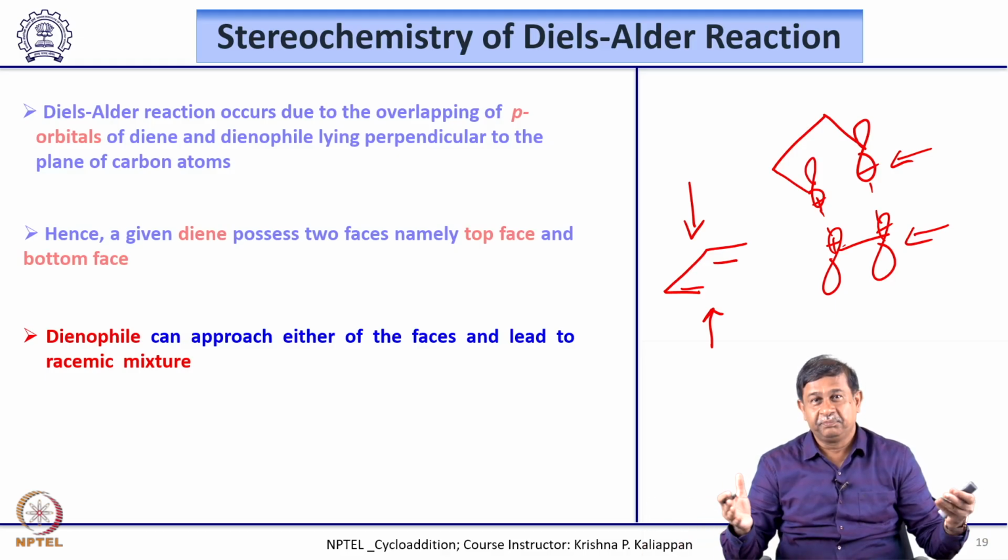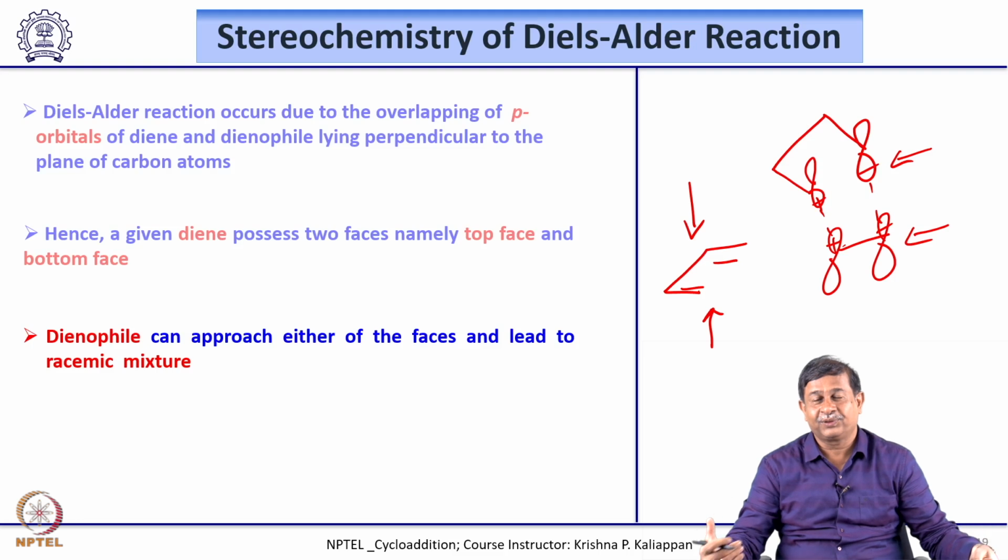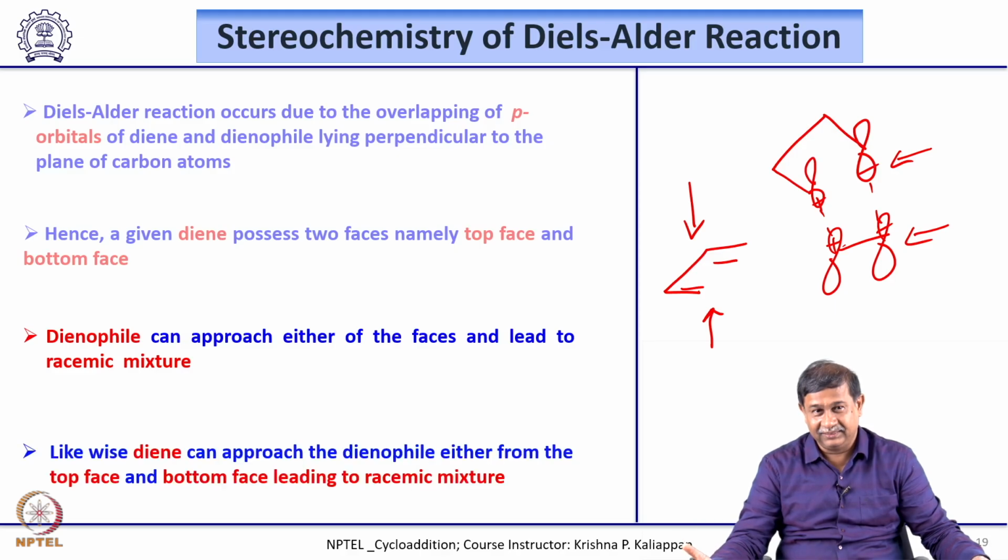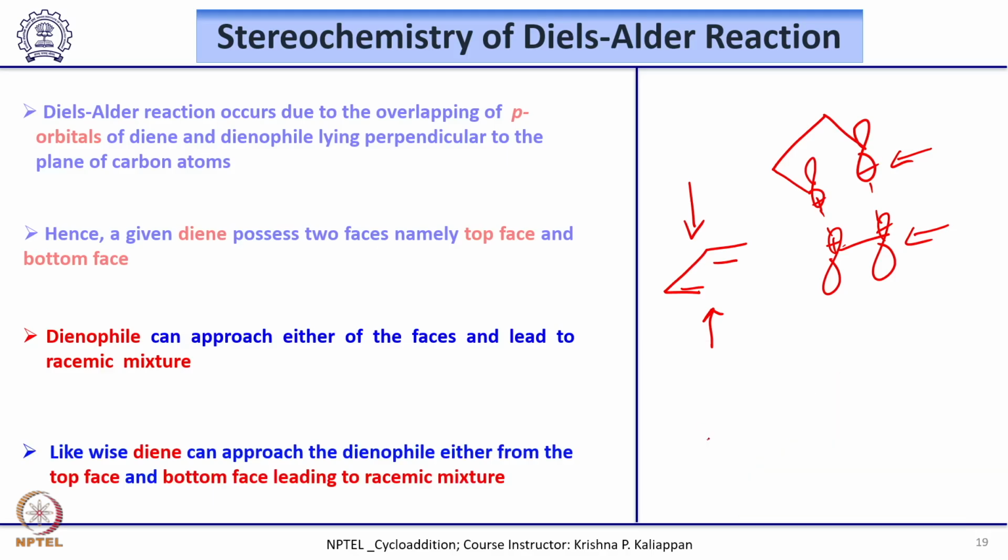So in principle, if there are no chiral components present in either the diene or dienophile, you will end up getting a racemic mixture.